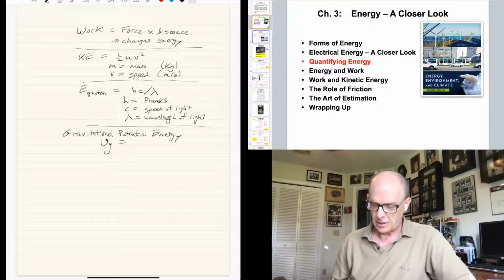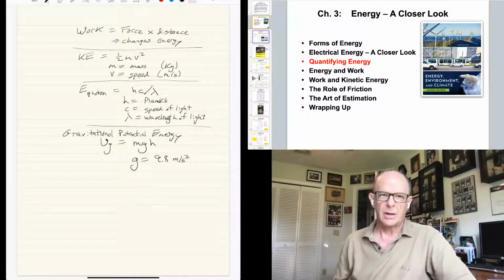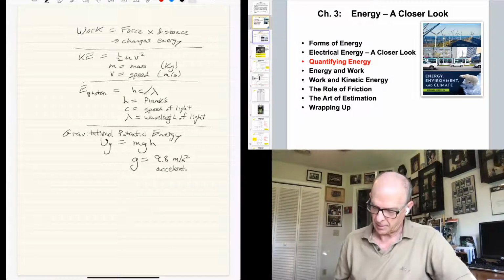And so that's equal to mg times h, where little g is 9.8 meters per second squared. That's the acceleration due to gravity at the surface of the Earth. And it would be different if we were on a different planet or the moon, for example. So that's the acceleration due to gravity on Earth. And h is the height.